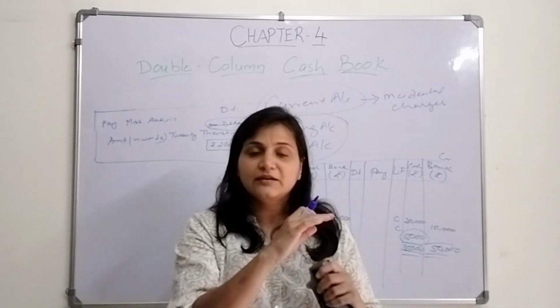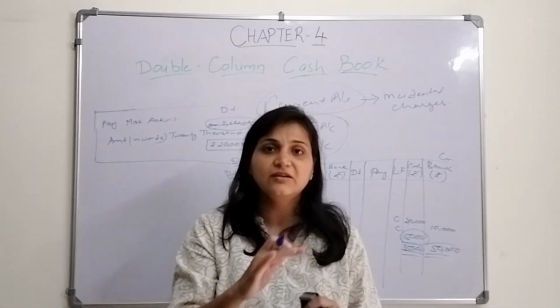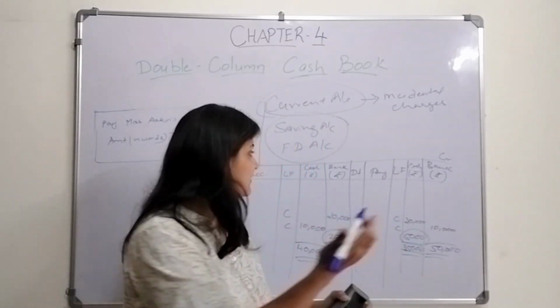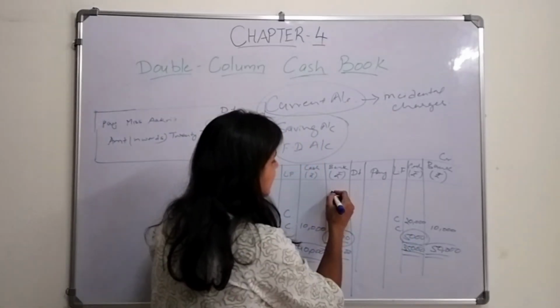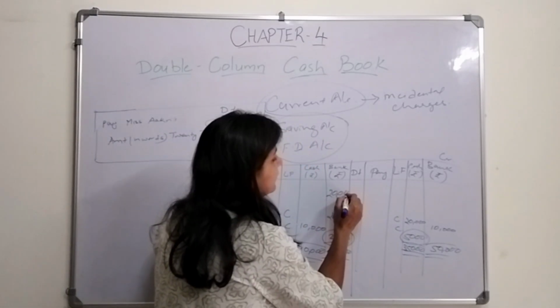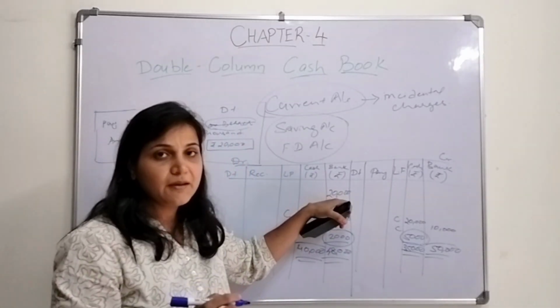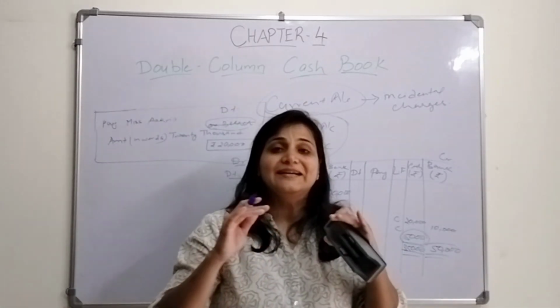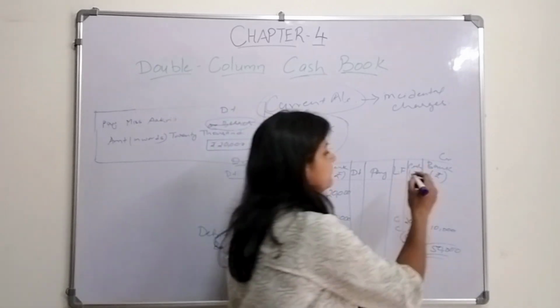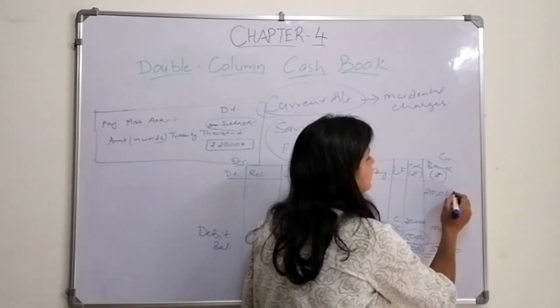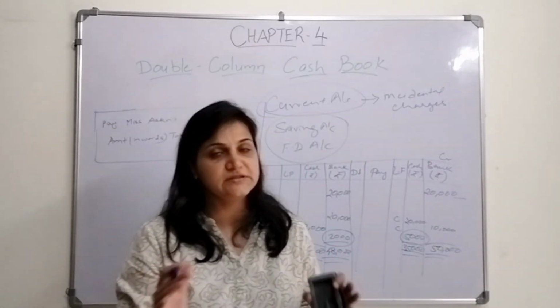When the check is dishonored, earlier I passed an entry that I received an amount of rupees 20,000 from somebody, so I debited my bank account. But if the check gets dishonored, I will credit it with the same amount. That means I will reverse the entry.